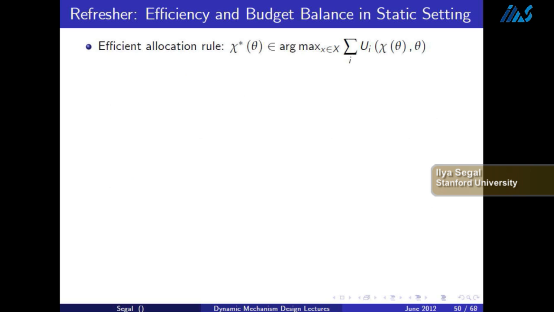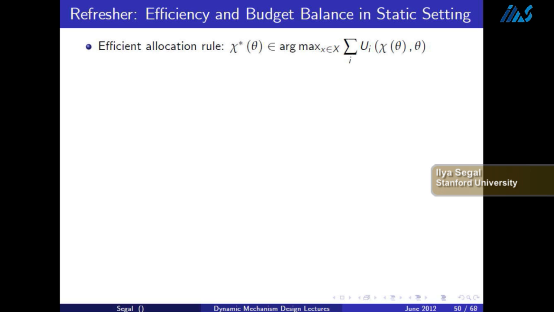Okay, so just to give you a refresher, we're going to build parallels to classic results in the static setting. So let me start with those classic results.